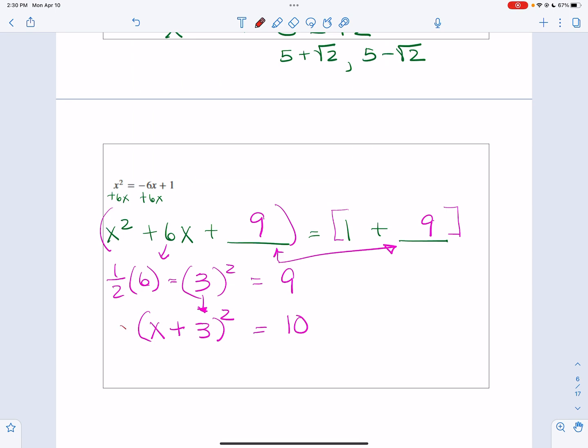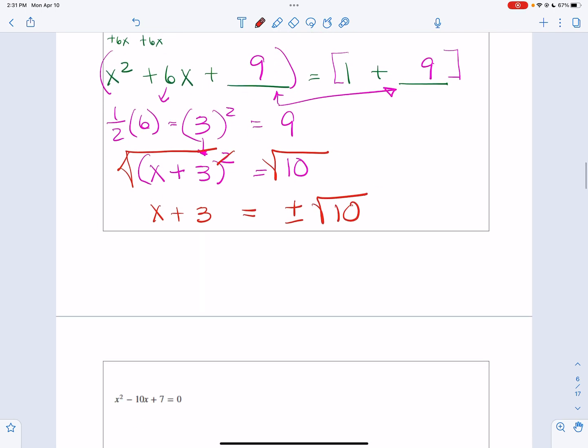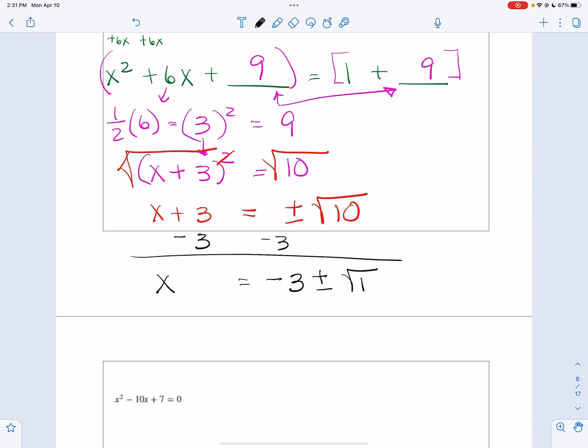Now I can take the square root of both sides. This cancels. X plus 3 equals, followed by plus or minus the square root of 10. And then last but not least, I subtract 3. X is negative 3 plus or minus the square root of 10.